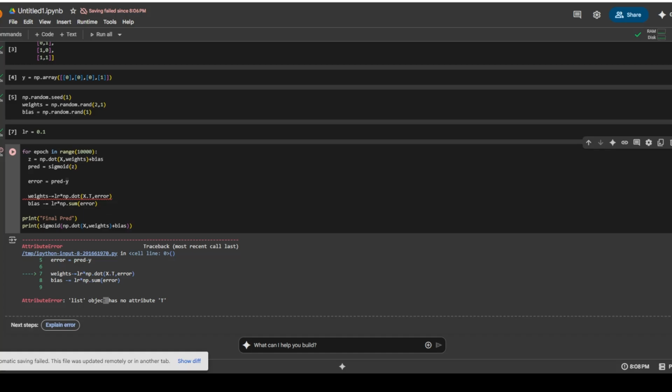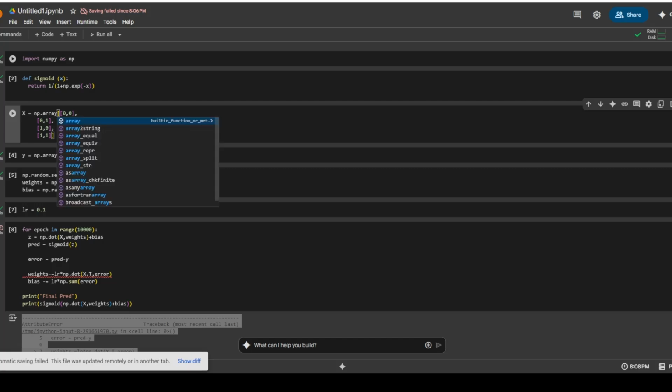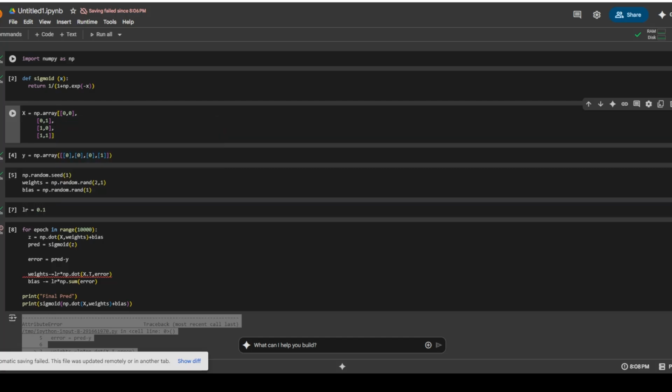Okay, so I found the error here, as we didn't define this thing as np.array. I was facing this issue here. Okay, I hope now this won't be an issue.